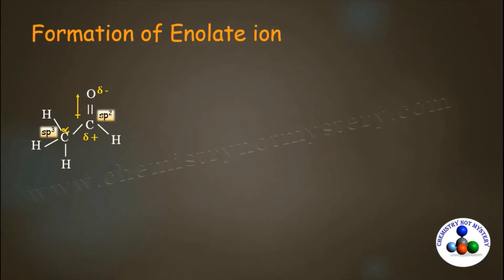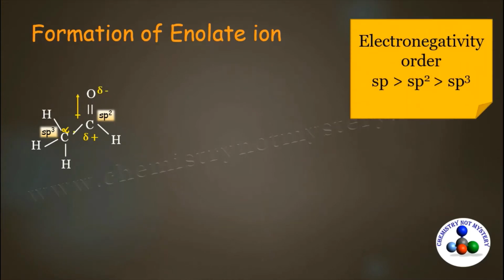And there is an electronegativity difference between sp2 and sp3 hybridized carbon. sp2 hybridized carbon is more electronegative as compared to sp3 hybridized carbon. So it will withdraw electron density from sp3 hybridized carbon, and this sp3 hybridized carbon will withdraw electron density from hydrogen.